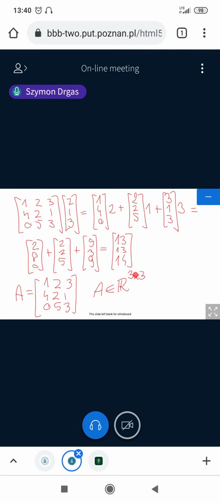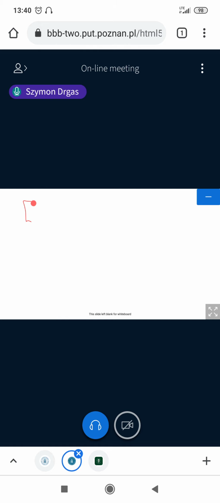And the first dimension of it is the number of rows, and the second dimension is the number of columns. So we can write that matrix 1, 2, 3, 5, 4, 0 will be matrix B, and B is in the set of matrices of dimensions 2 by 3, 2 rows and 3 columns.